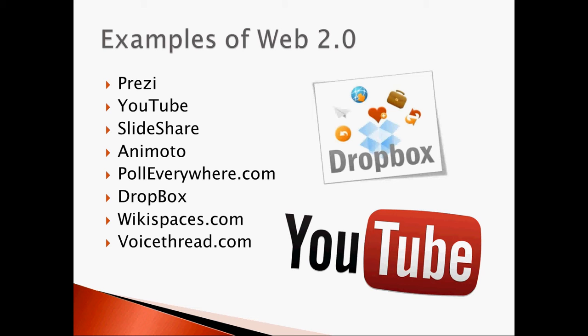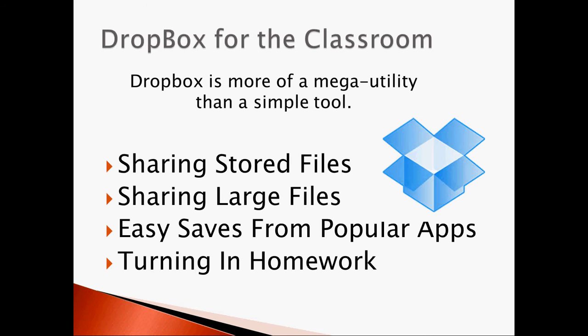PollEverywhere.com is a polling software online that we can use for enhancing student engagement and things of that sort. Dropbox is what we're going to talk about today. Wikispaces is where we can share information as well. And then there's VoiceThread.